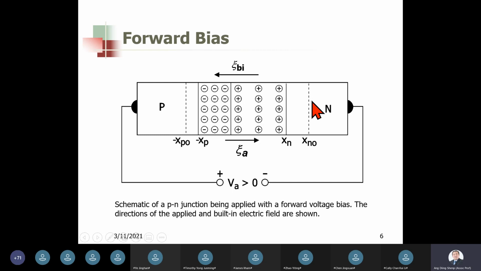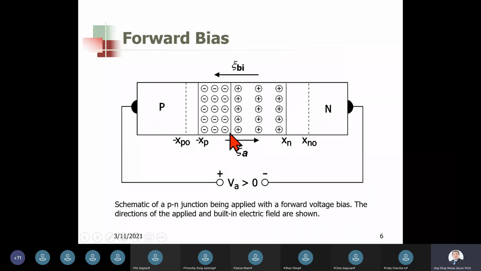All right, now the dashed line here shows you the original edge of the space charge region under thermal equilibrium. So the new edge of the space charge region under forward biasing has shifted towards the left, or in other words, Xn now is smaller than Xn naught.